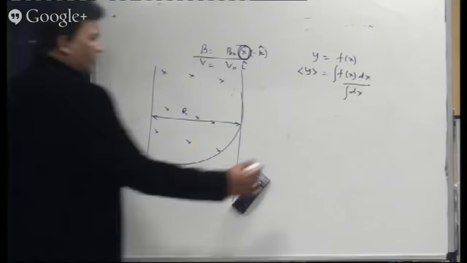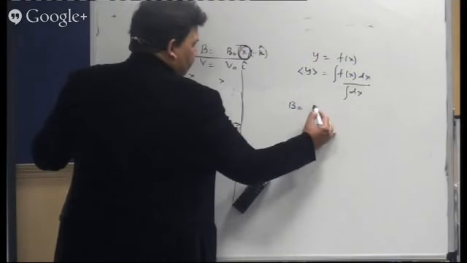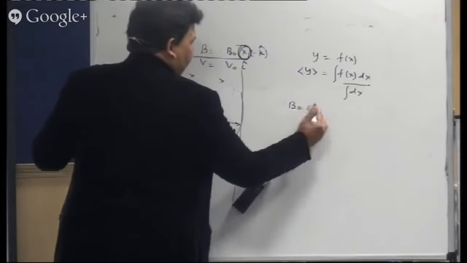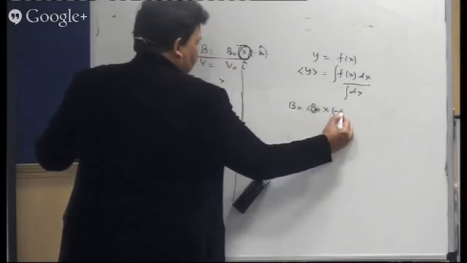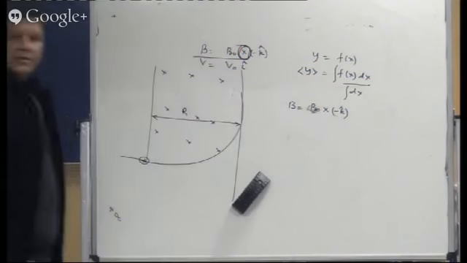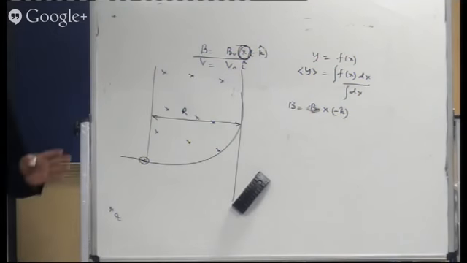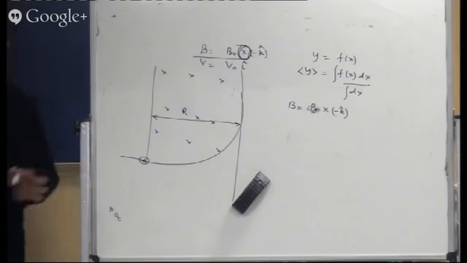Okay. What is the function here? What is the value of B? कितना है? B naught x minus a. Which region you want to make uniform?